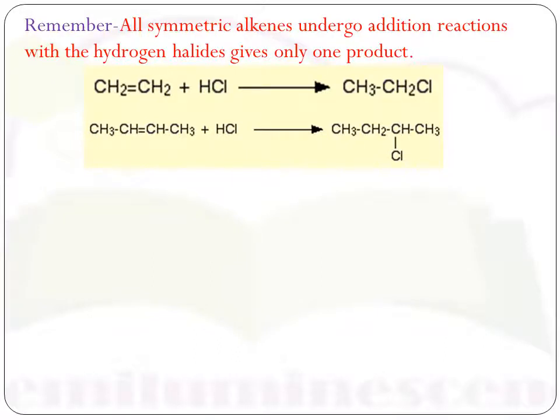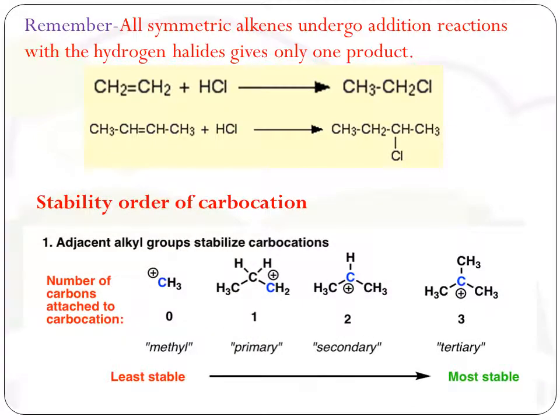Now the second thing you have to remember is the stability order of carbocation. Here you can see the carbocations are given. This one is the first carbocation, CH3 plus. First, see what is a carbocation. The cation is a positively charged species, which is an electron-poor species, an electron acceptor.